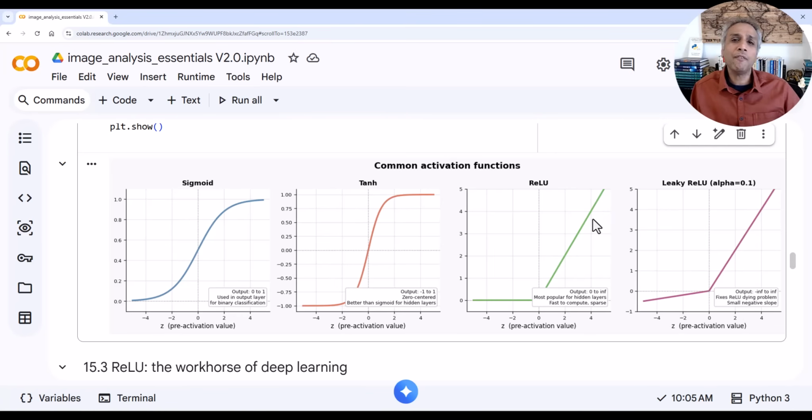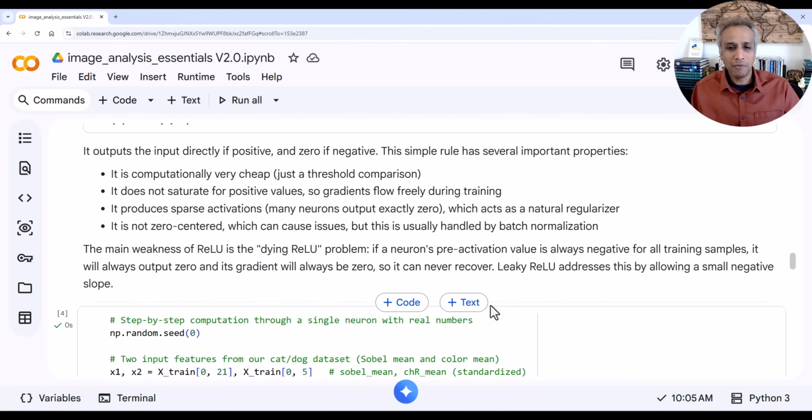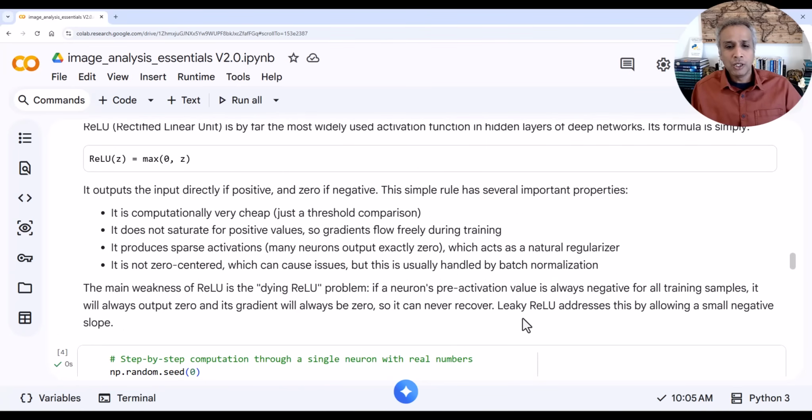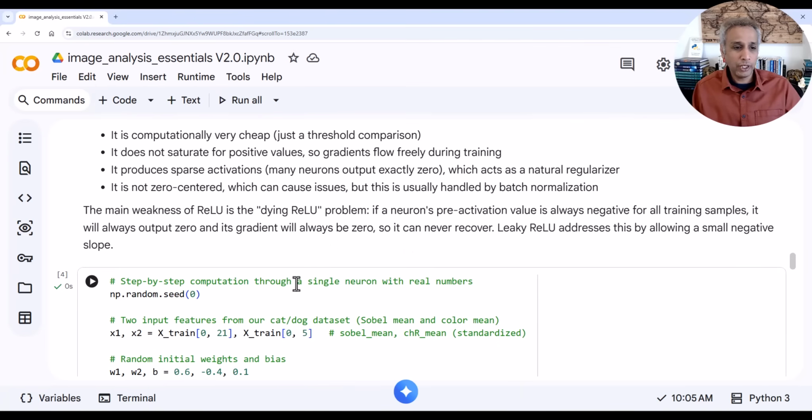But what if every neuron is giving you a negative value and you're dropping everything to 0? The model will never learn anything, because your output is always zero. That's exactly where leaky ReLU can help. It allows a small negative slope, so you actually have some values to work with. That's basically the reason why you have that.